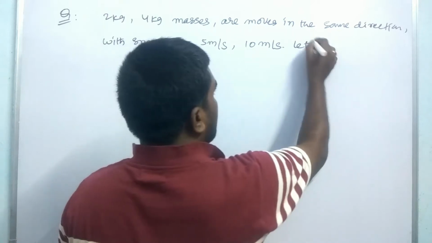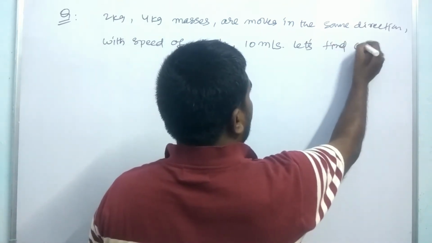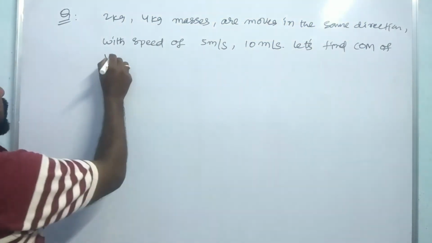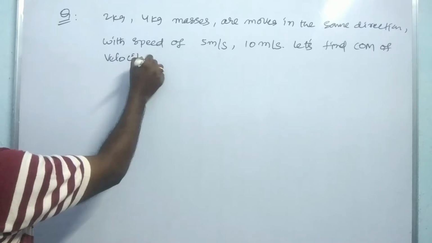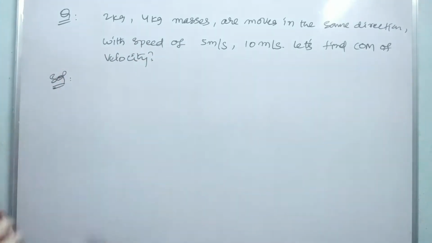Let's find the center of mass of velocity. So how can we find the center of mass of the velocity?